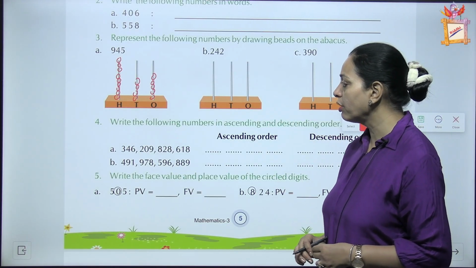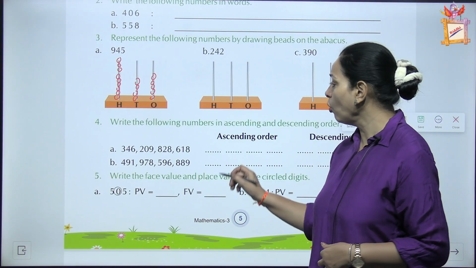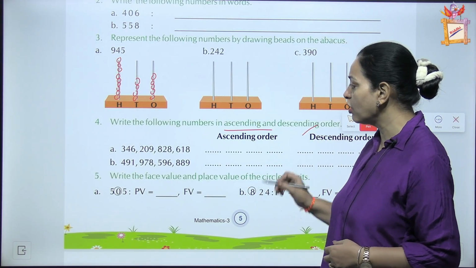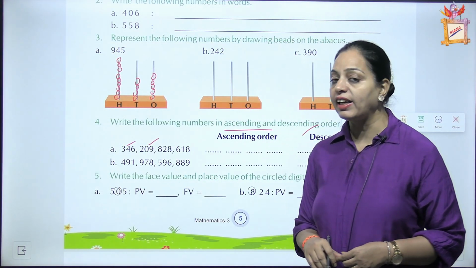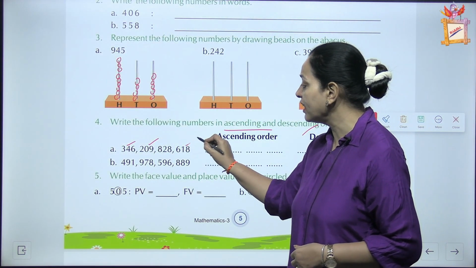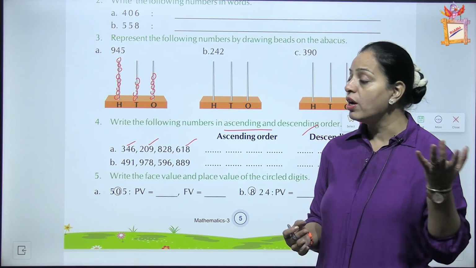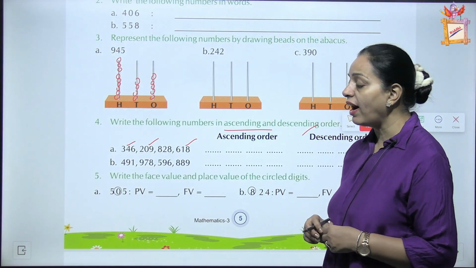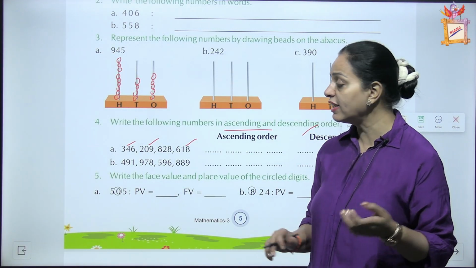Now the fourth question, write the following numbers in ascending and descending order. You know very well ascending means increasing and descending means decreasing order. See, A part, 346, 209, 828 and 618. Ascending means increasing order, smallest to greatest. So what is the smallest number? You will see the hundreds digit. All are 3-digit numbers, so you will see the hundreds digit.